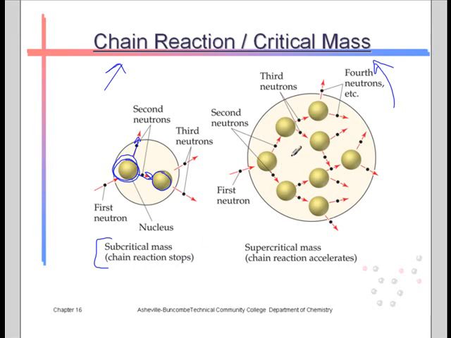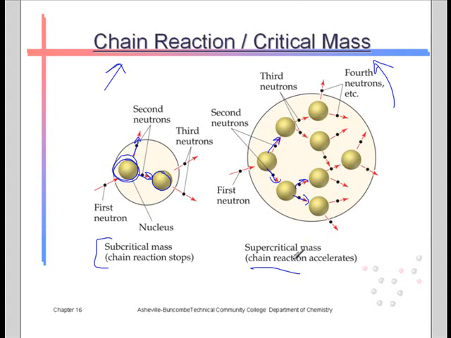If you pack them in more tightly, that one neutron triggers all of these additional events, and everything just gets out of hand on you. You can't stop this without some kind of intervention. This would be an example of something at critical mass, and the chain reaction continues. This chain reaction is indicated by the neutrons continually bombarding additional uranium atoms.